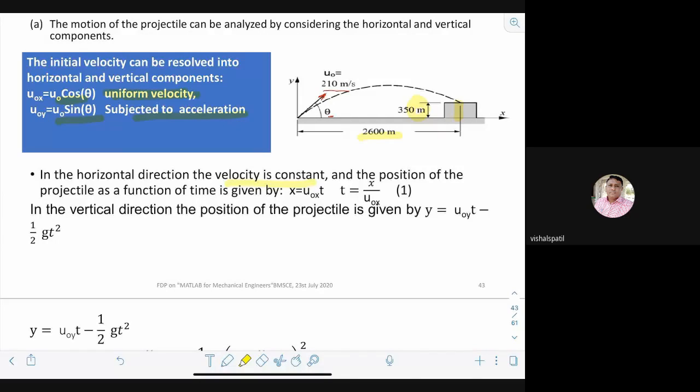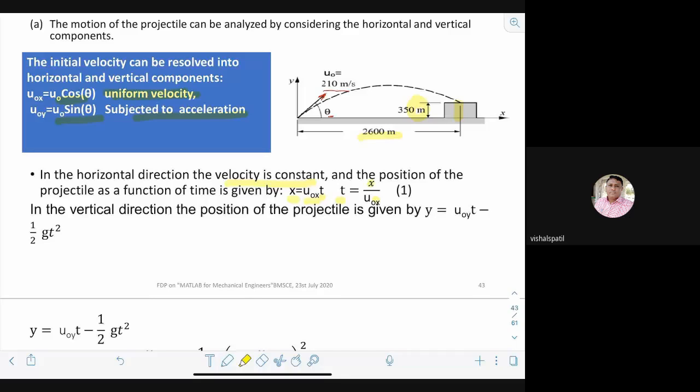And you know the distance traveled x is equal to the horizontal component of the velocity into time taken. Therefore, time taken t is nothing but distance traveled divided by velocity. That velocity in x direction is constant. So you have an expression for t to reach that distance x.